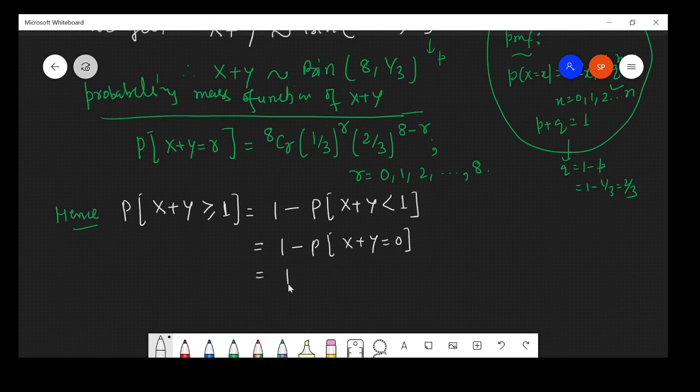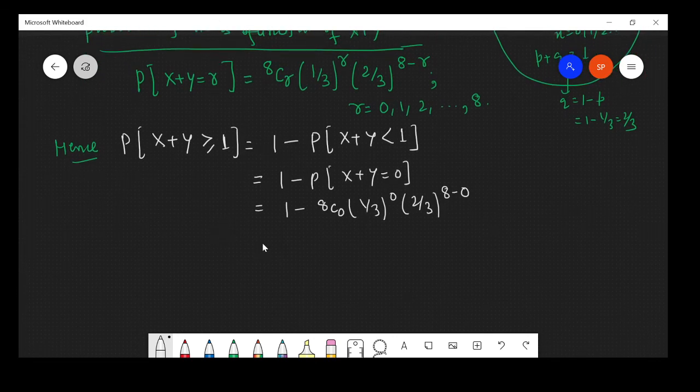So we write 1 minus 8C0, 1 by 3 to the power 0, and 2 by 3 to the power 8 minus 0. Now after that we can write 1 minus 1 times 1 times 2 by 3 to the power 8. So 1 minus 2 by 3 to the power 8, and this is the answer. After calculation we get 0.96098.